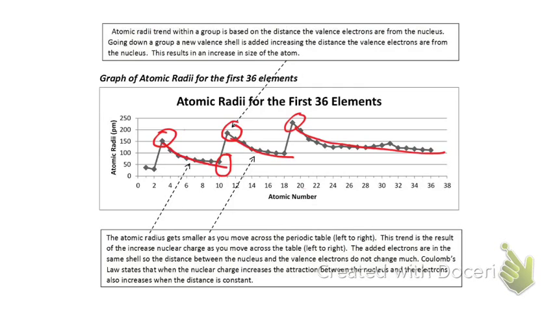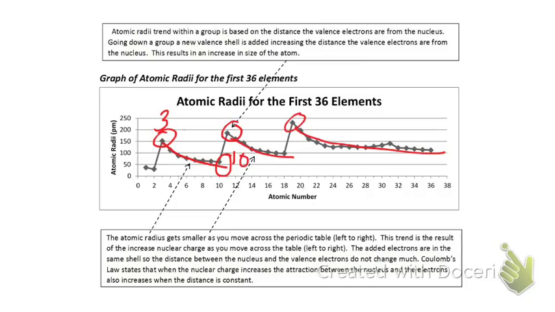Within period 2, lithium has an atomic number of 3, and neon, the last element in period 2, has an atomic number of 10. If the atomic number represents the number of protons, then as we move across the periodic table, the nuclear charge is also increasing from 3 to 10.